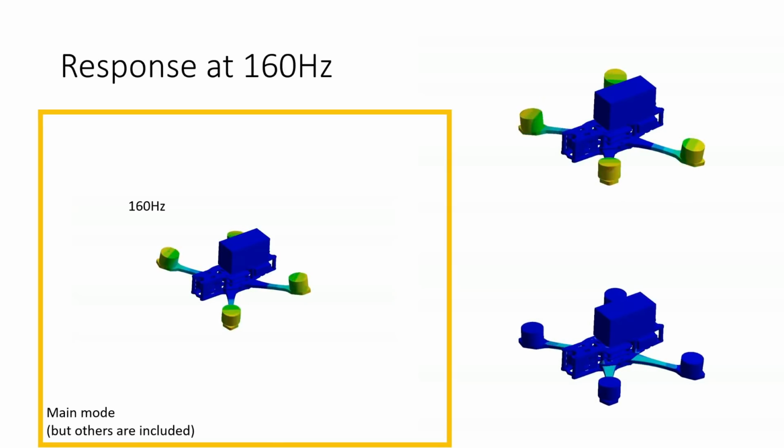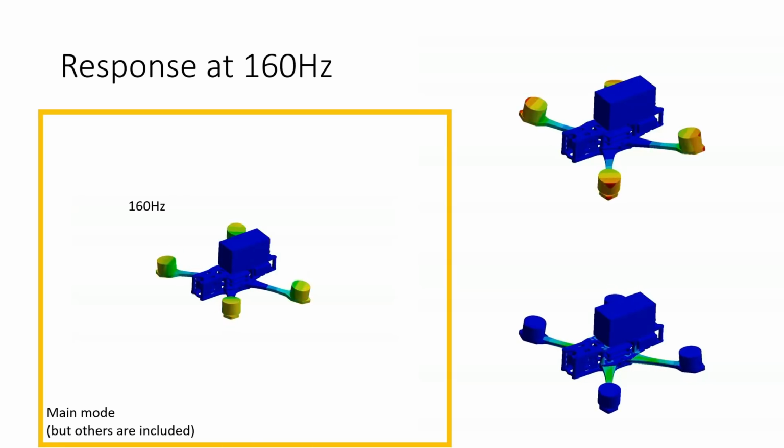And for this particular mode, we can see that it's the arms where we need to add material, and it's the top and the bottom of the arms. So if you were to make the arms slightly thicker, maybe go to a 6mm arm, you would have the maximum effect on that 160 Hertz resonant frequency and push it to a higher frequency and also reduce its amplitude at the same time.